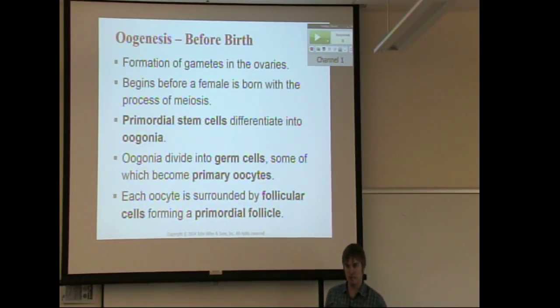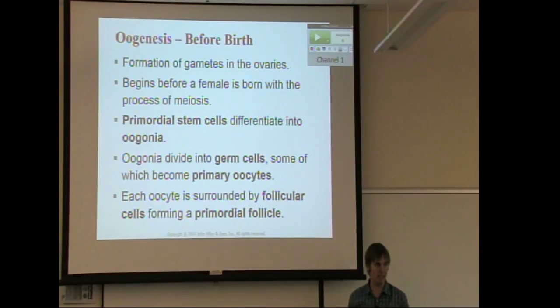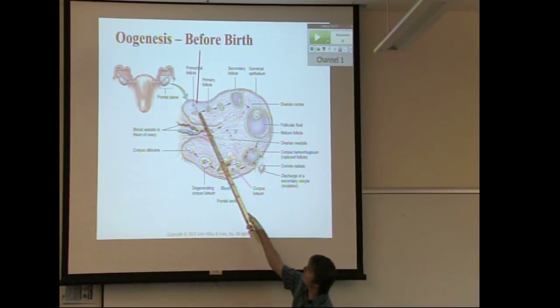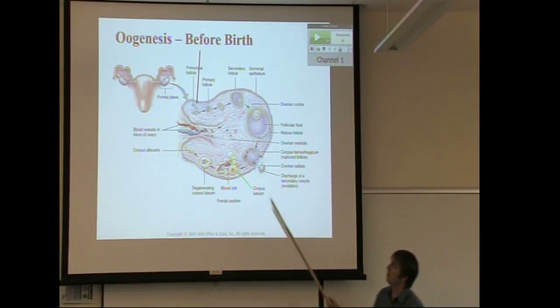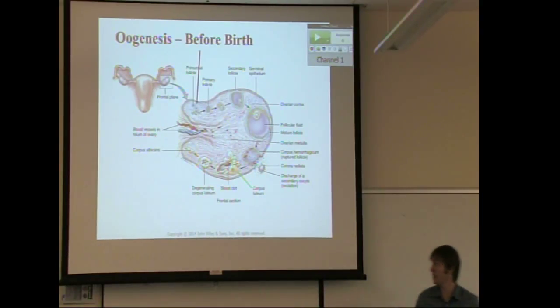So when you're born, for a woman, you've got a whole lot of those follicles. We'll talk about the number in a little bit. They're primordial, they're very small, all over the ovaries, and they just stay that way until puberty. Nothing really happens to them. They're just hanging out. And all these other stages that we're going to talk about will happen after puberty.